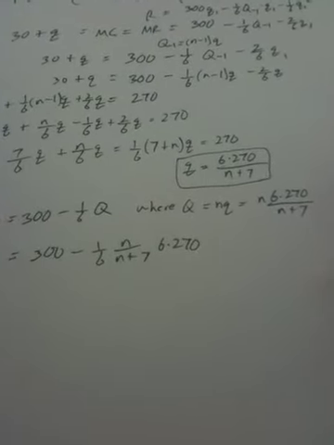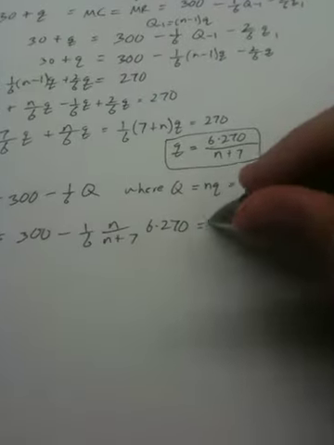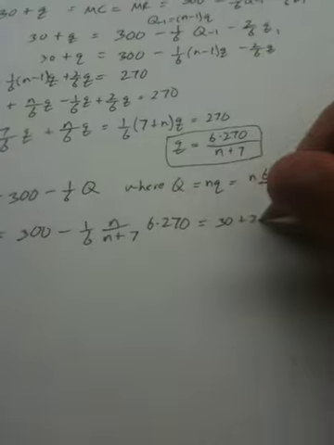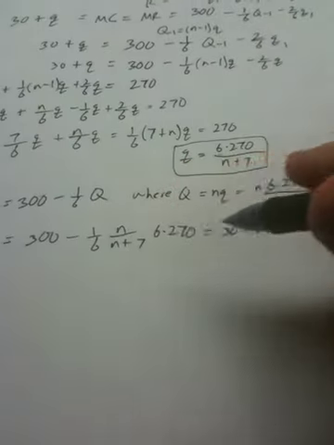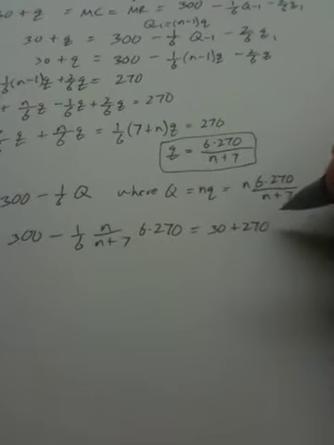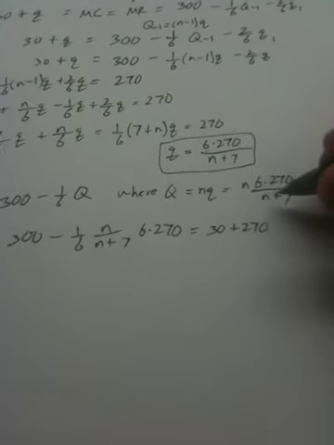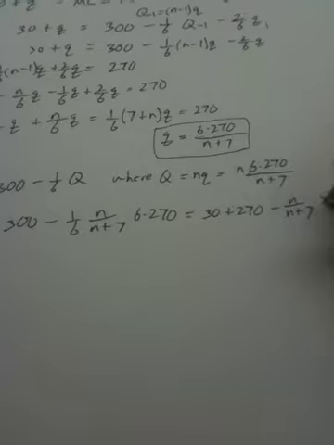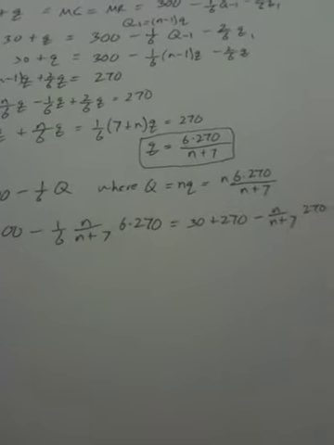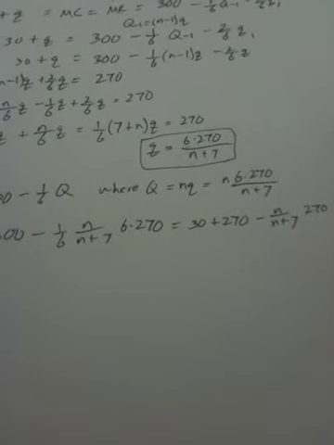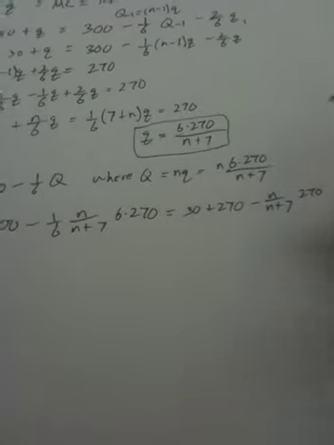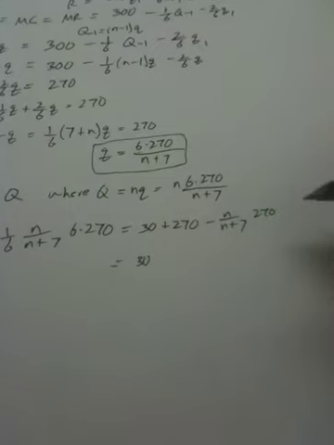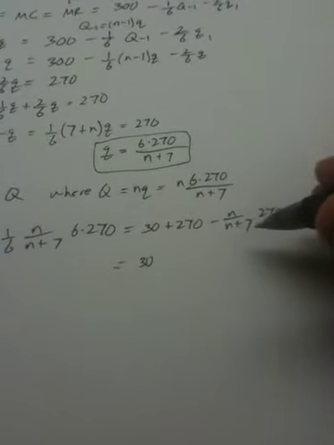So we're going to do our best to simplify this. We can write 300 as 30 plus 270. The 6's will cancel, so that'll be minus n over n plus 7. And now we're going to get common factors. We've got a 30 all by itself, but then we've got a 270 times 1 and then a 270 times n over n plus 7.